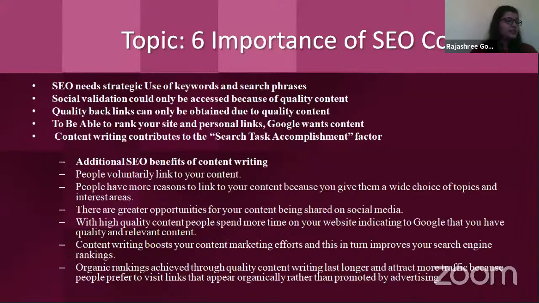People voluntarily link to your content. People have more reasons to link to your content because you give them a wide choice of topics and areas of interest. There are greater opportunities for your content being shared on social media. With high quality content, people spend more time, and more time means they are getting more information about your products.